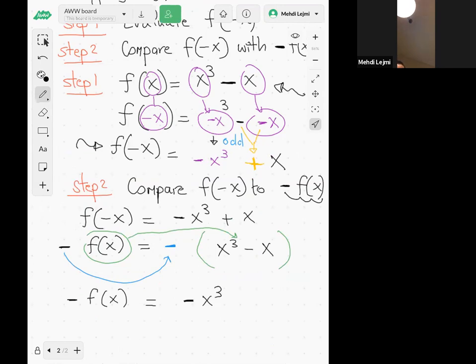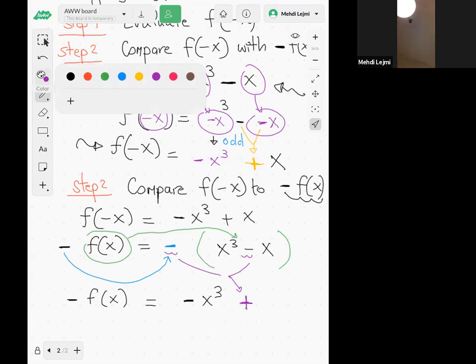But then when you distribute the sign, there's a minus here and a minus here, so that will be a plus. Plus x.